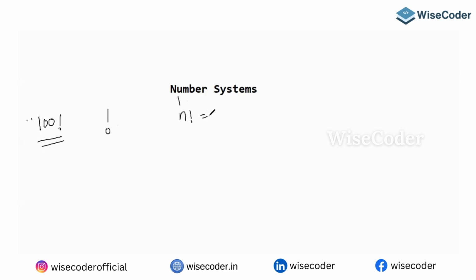It's 1 into 2 into 3 and so on up to n. So this is called n factorial. What is the n factorial formula? It's n minus 1 factorial into n.